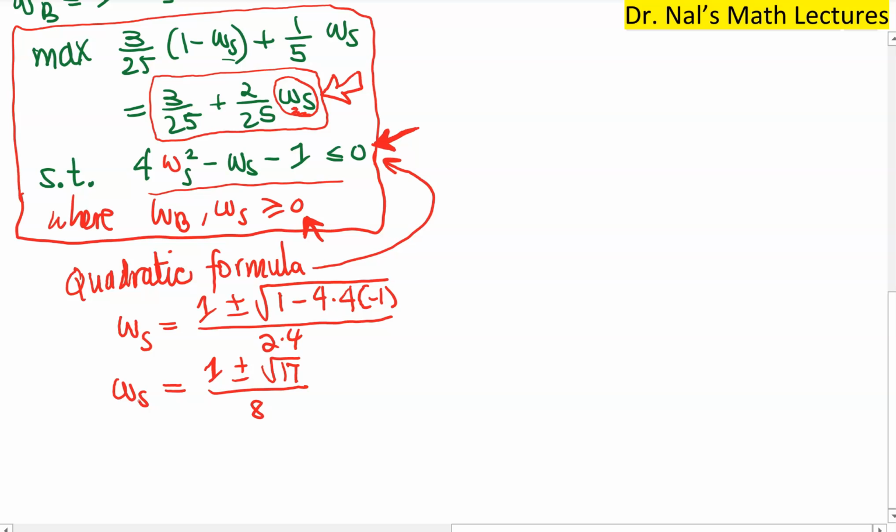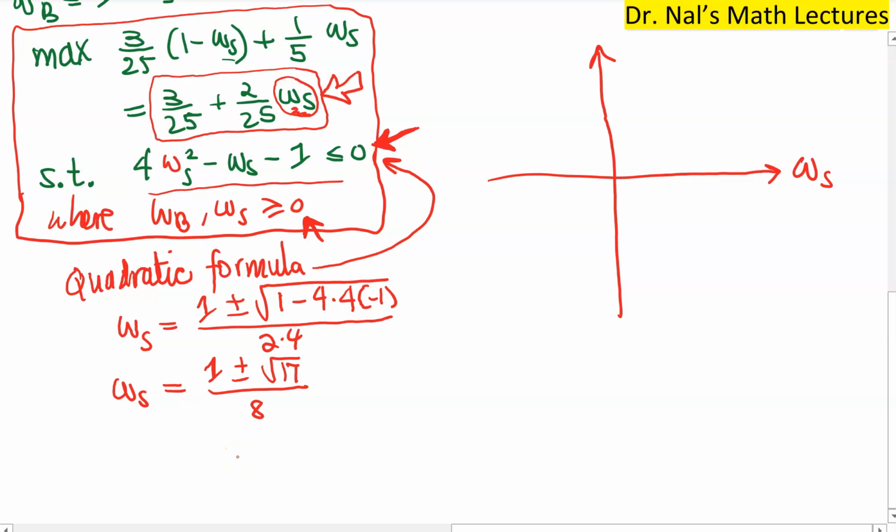So now what does that mean? If you were to graph it, we have WS, and here is the graph of this function. The square root of 17 is roughly 4.1 or 4.2. Adding 1 to it, you get 5.2. Dividing by 8 will be something a little bit more than 0.5.